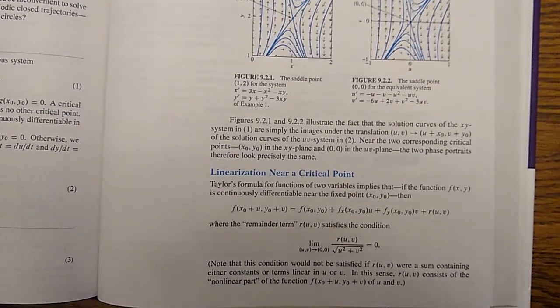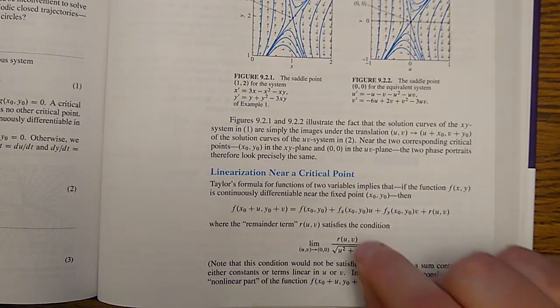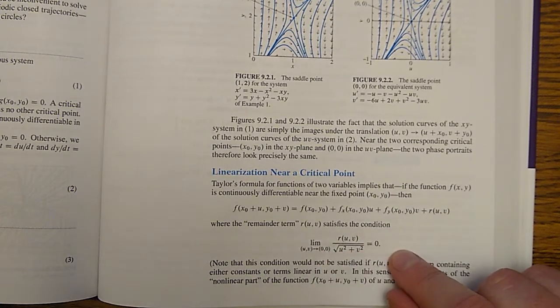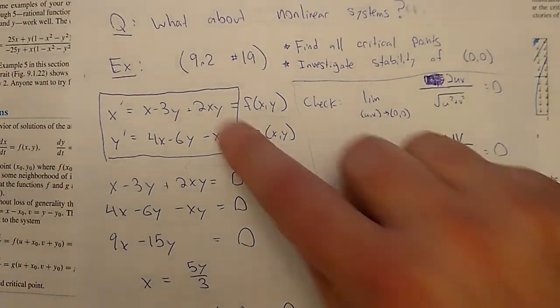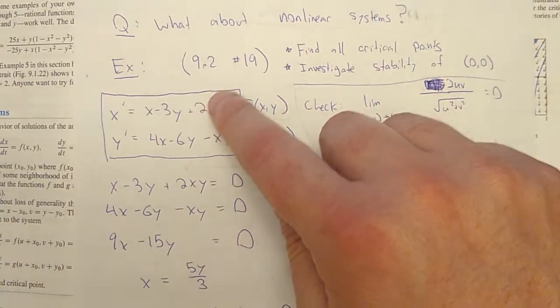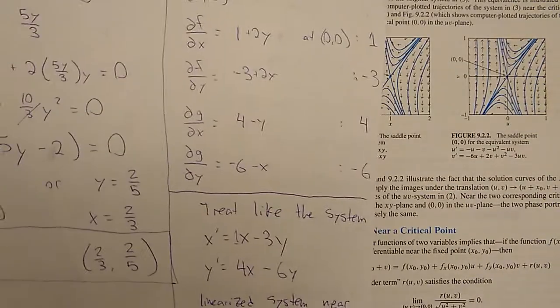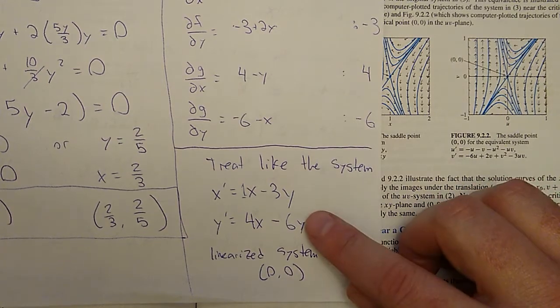There is a technicality here where you have to be able to write these functions with a remainder, and this limit has to be 0. For us, what happened is when we linearized the system, the xy terms just dropped, right? Because if I go down here, it's the same thing, just without the xy terms.